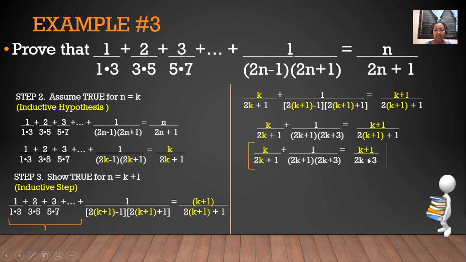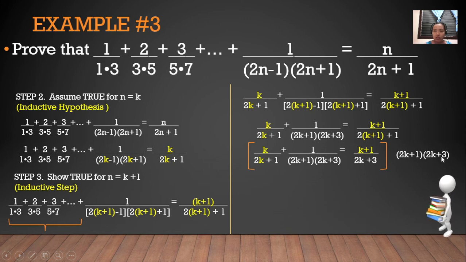And then the next part is we are going to get the least common denominator of these denominators. So the least common is 2k plus 1 times the quantity of 2k plus 3, which will be our LCD. So let's solve this part divided by this.